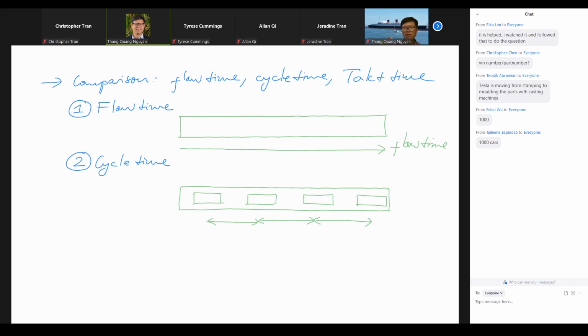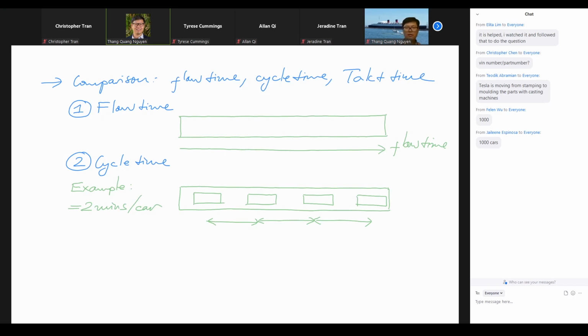We already talked about the average cycle time, right? In this case, for example, the cycle time is 2 minutes per car. Then the cycle time tells us what?